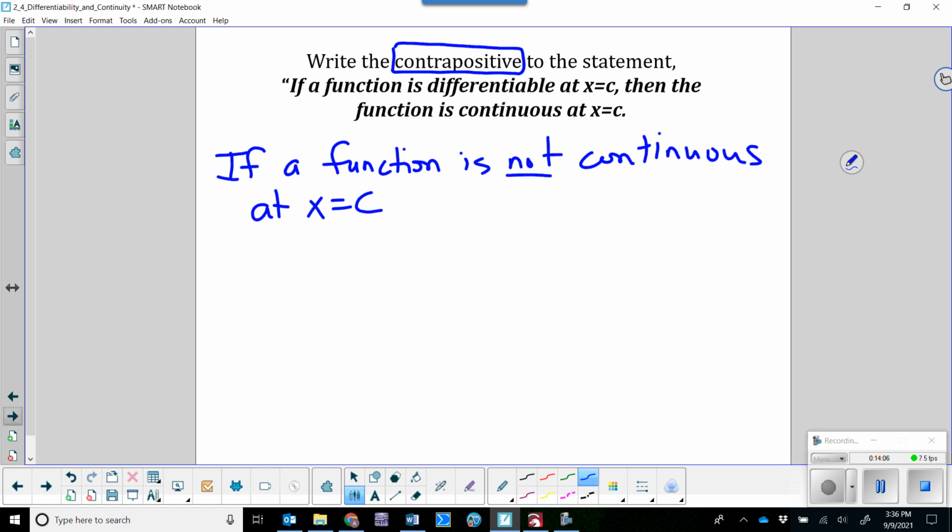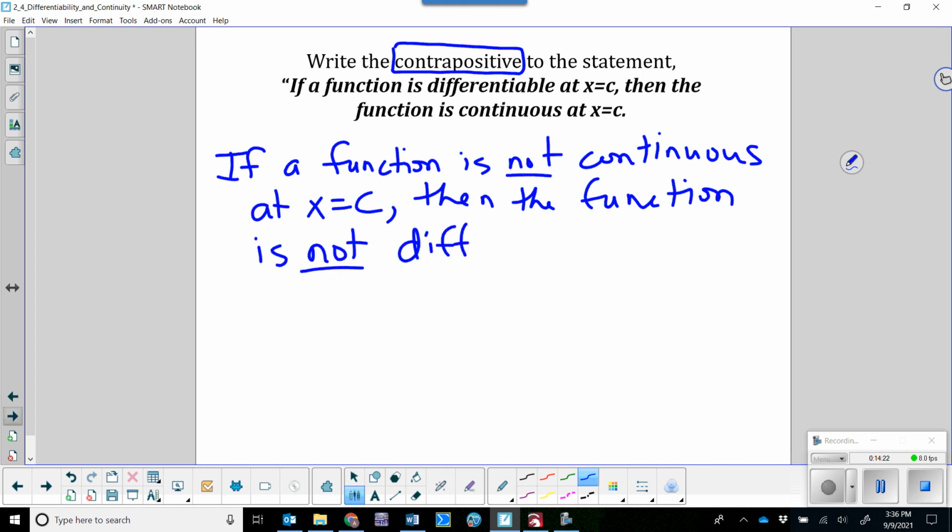So I switch if and then, and I negate it. So I put not. If it's not continuous at x equals c, then the function is not differentiable. So that is also a true statement.